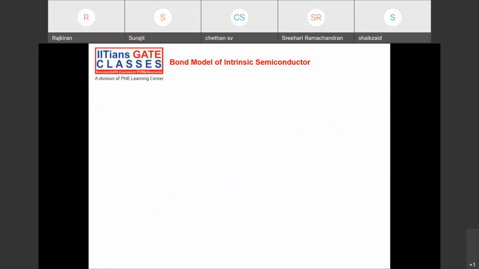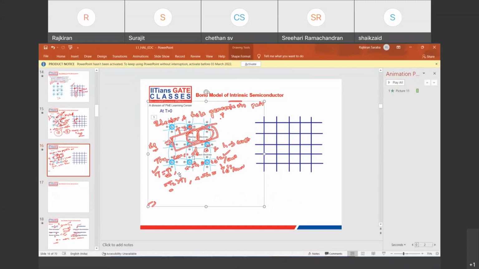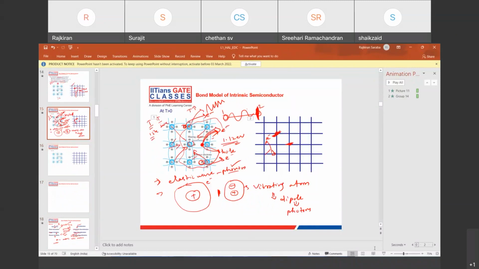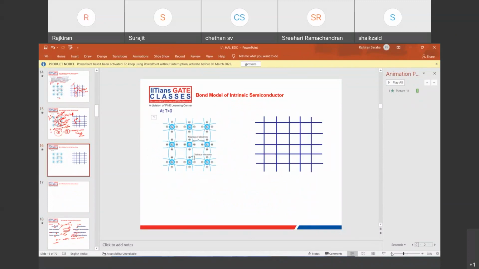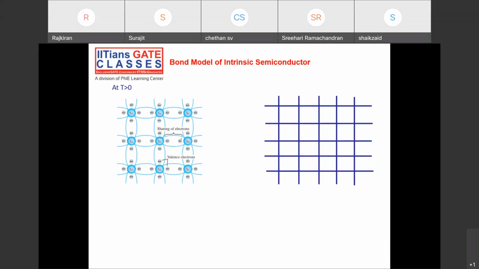See, the electron is emanated, and there is a vacancy. Clear? And here also some electron is emanated, and there is a vacancy.